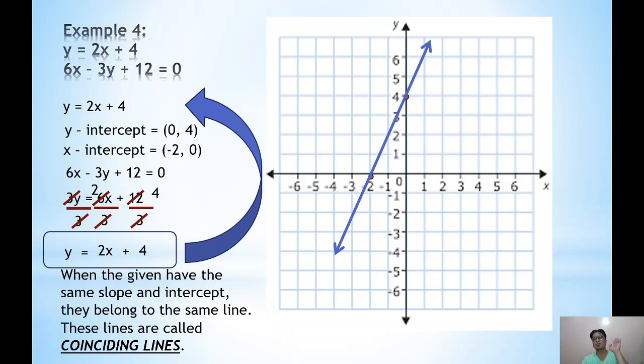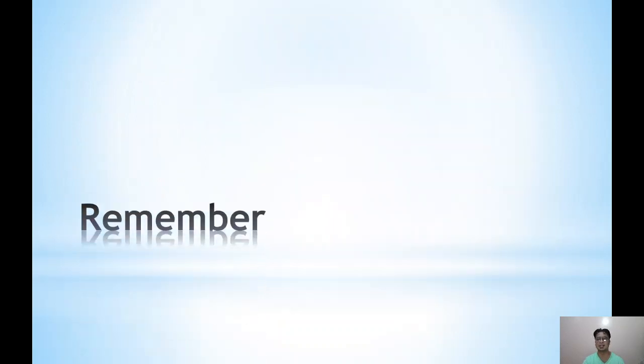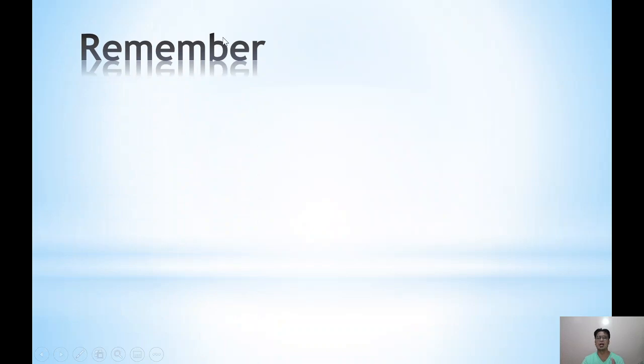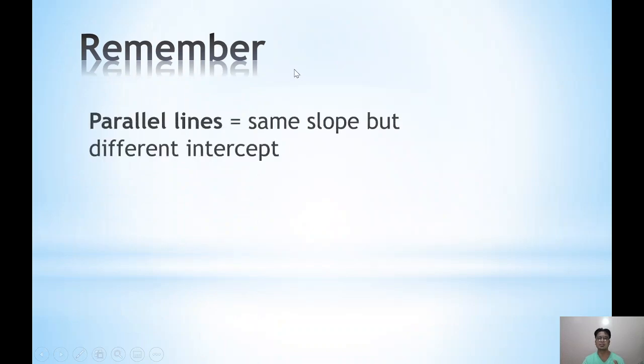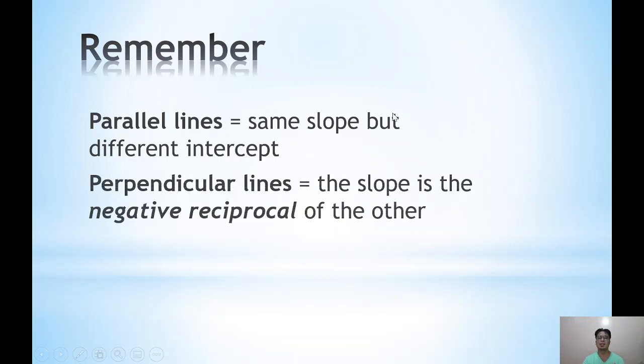So those are the 4 kinds po natin sa system of linear equation. Let's have a recap kagaya po nung sinabi po ni Sir kanina. Remember, ito po yung dapat nating tandaan. Parallel lines, same slope, but different y-intercept. Parehas lang yung slope nila, pero yung y-intercept, magkaiba, parallel lines yan. Pag perpendicular, the slope is the negative reciprocal.